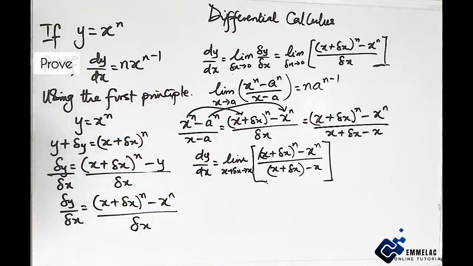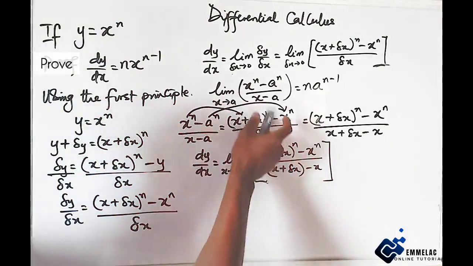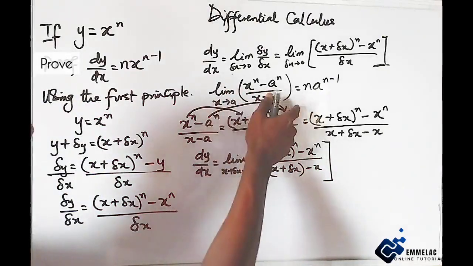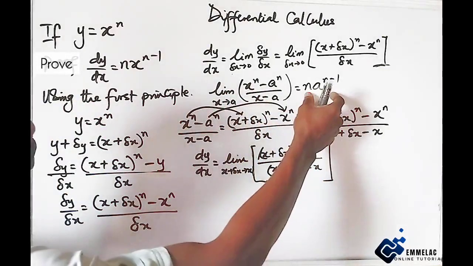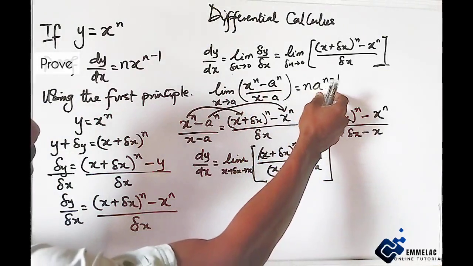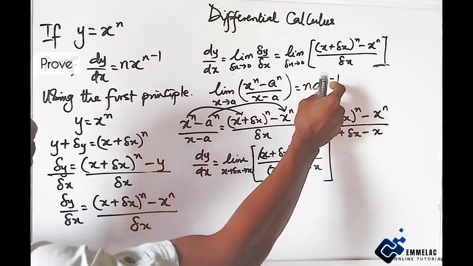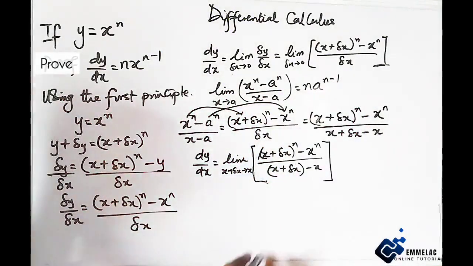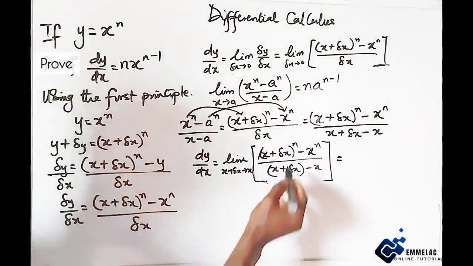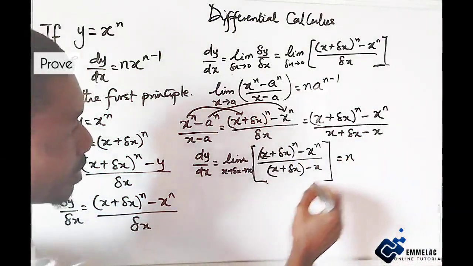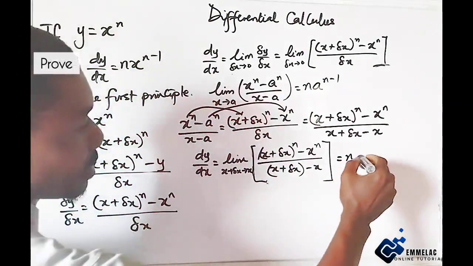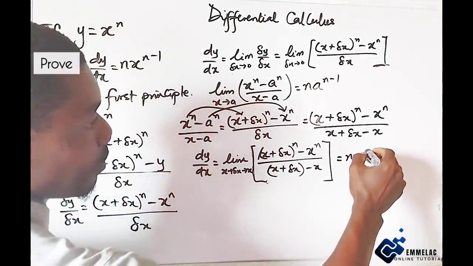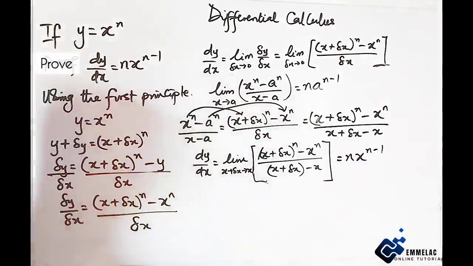And if this theorem is true, that gives birth to n a to the power of n minus 1, so it also implies here that we have n times x all to the power of n minus 1.